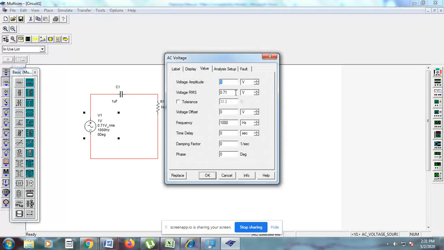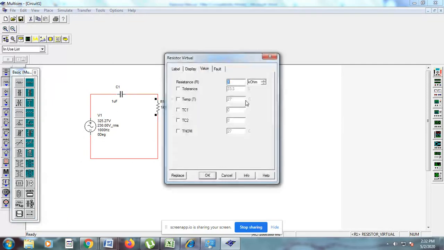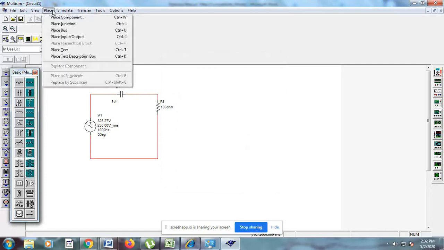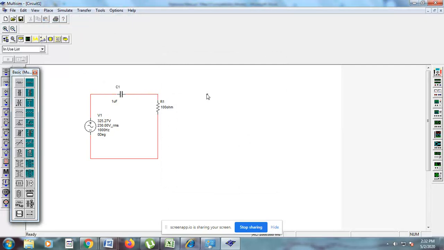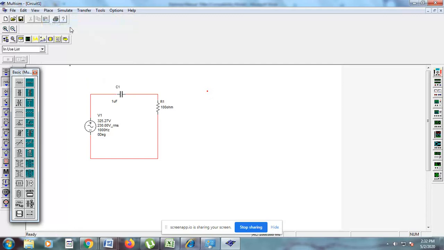Change the voltage to 30 volt RMS value, and change the resistance value from 1 kilo ohm to 100 ohm. And now place the junction here for output measurement. Connect the junction to the circuit.